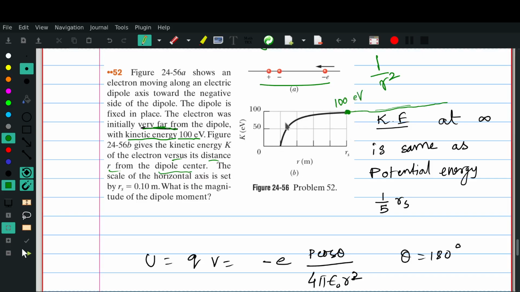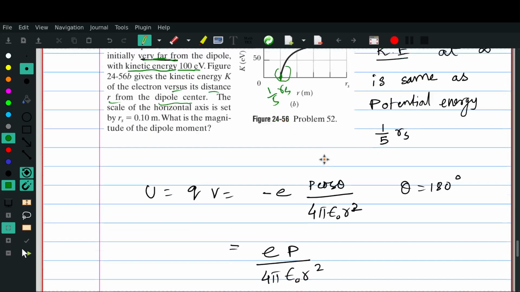But as you go here, around 1 by 5 rs, the kinetic energy has almost vanished; it is 0. That means that if 100 electron volts was my initial total energy, the final energy will also have to be 100 electron volt. But there is no kinetic energy, so all of this 100 electron volt goes into the potential energy.